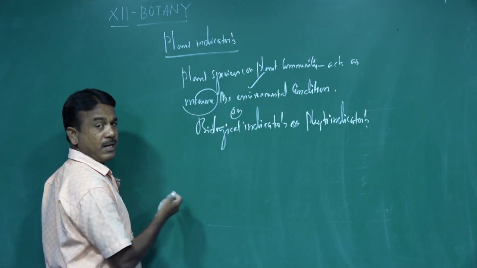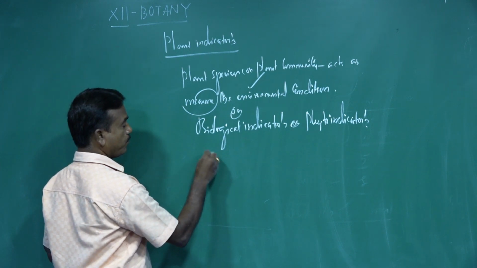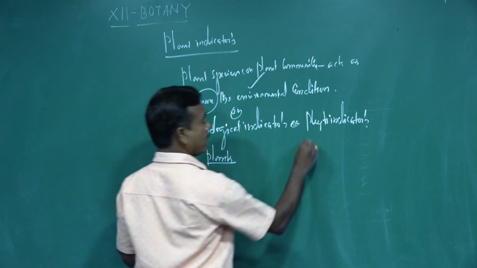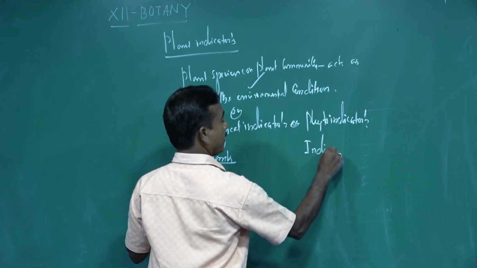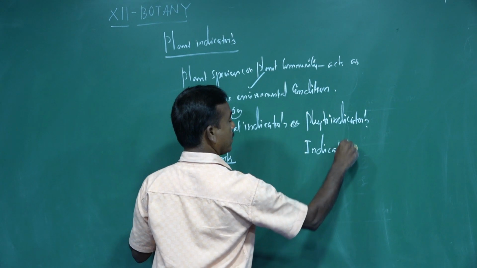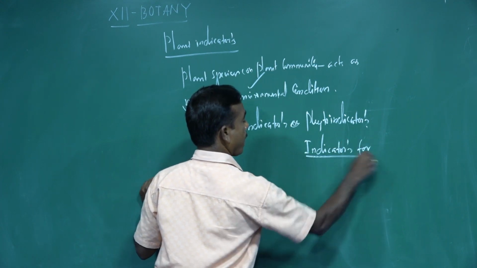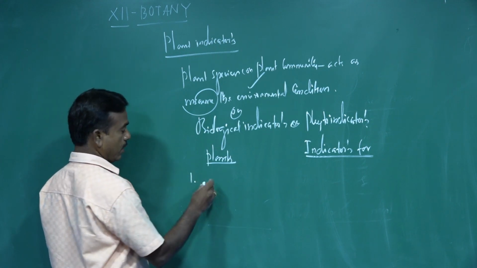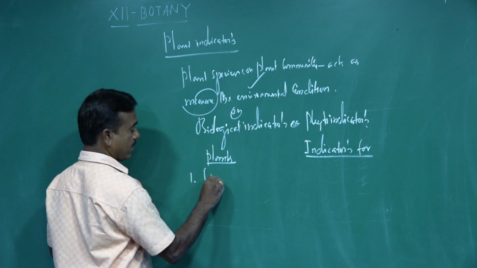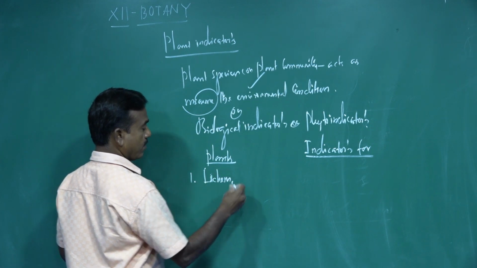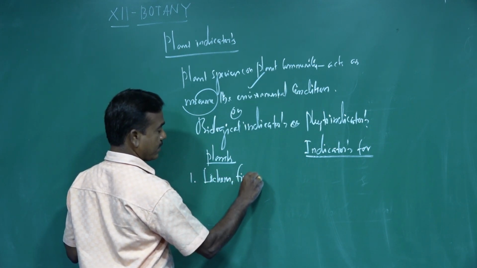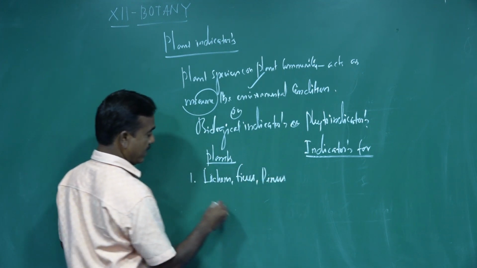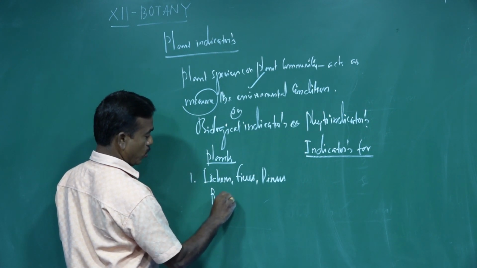Some examples of plant indicators. The first one: lichens, ficus, pinus and rose.